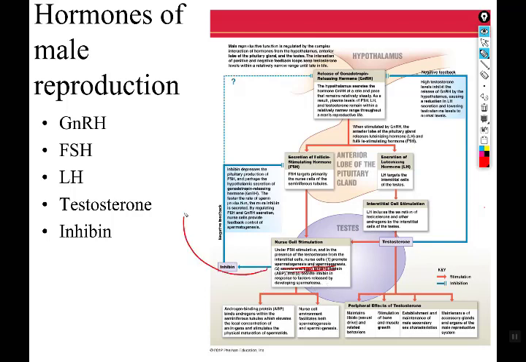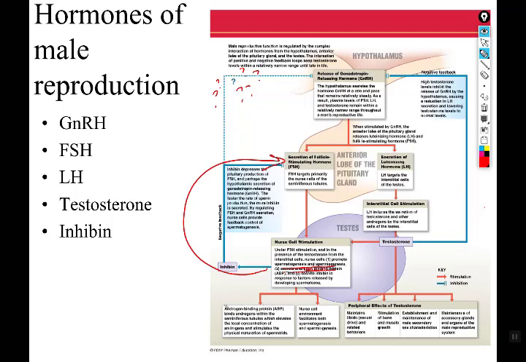So inhibin feeds back on the anterior pituitary to stop its release. It might also feed back on the hypothalamus, but the question mark is there because, of course, no one has verified that for absolutely sure yet.